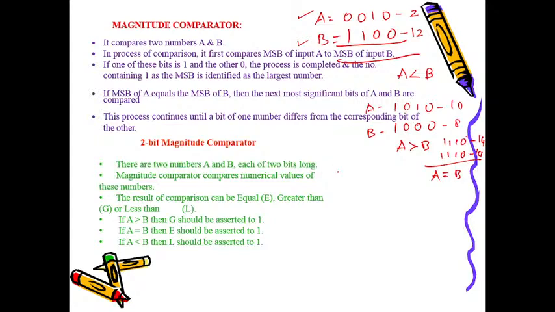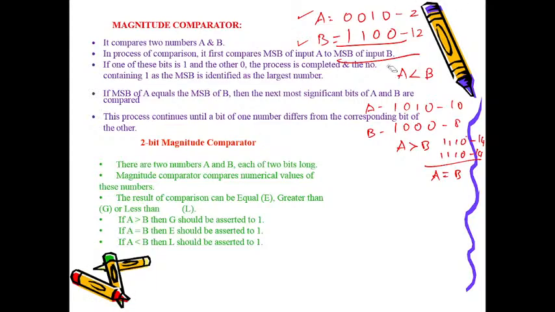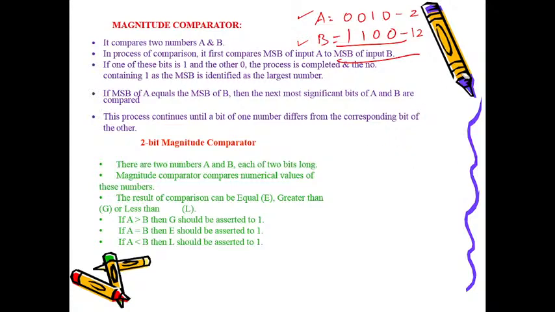Suppose I take the first set of inputs. I've given examples for A equal to, less than and so on in decimal values. Now how would a circuit compare and tell you that it is lesser or greater?